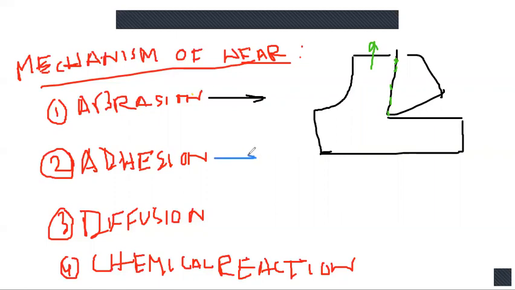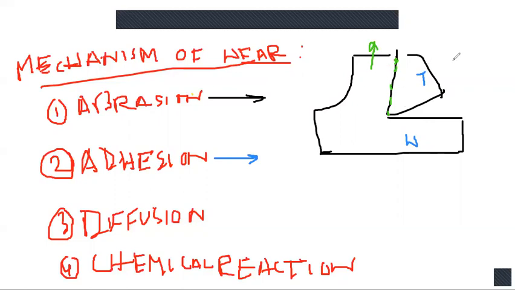Another one is adhesion. Adhesion, we already know adhesion. What is the meaning of adhesion? Adhesion means that when two metals are forced into contact under high pressure and temperature, the particles of the two metals become welded. In that case, one is work material, another one is tool material.